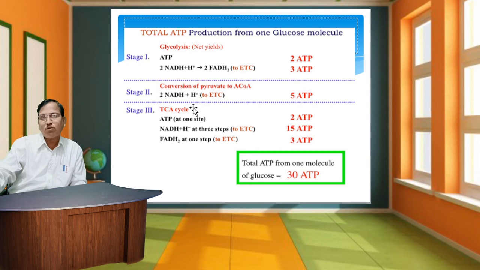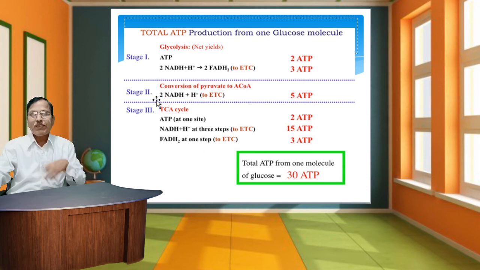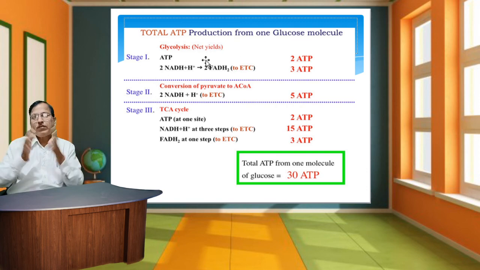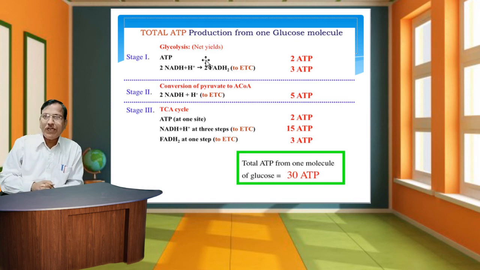Next in this topic, the total ATP production from one glucose molecule in the glycolysis process. There are three stages, and the net yield shows how many ATP are gained from one molecule of glucose, lastly 30 ATP.